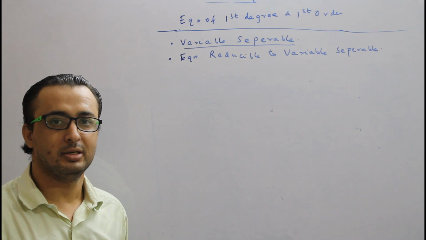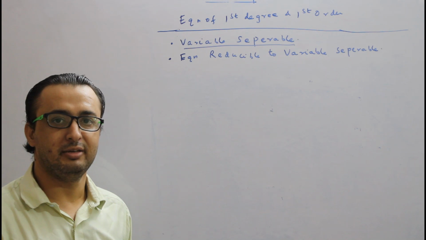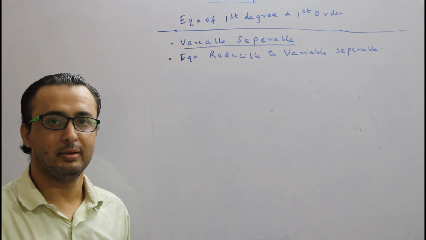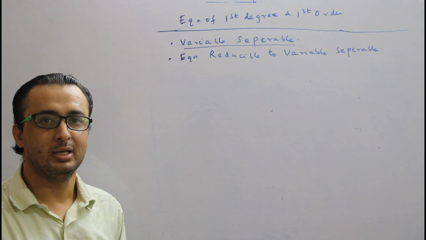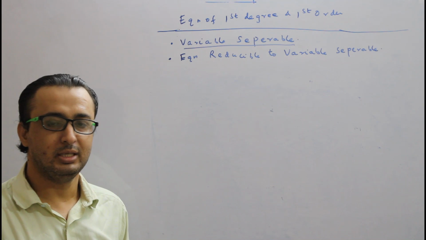First of all, we must have the idea of what is variable separable. The functions f of x and any function g of y are separable in such a format and then they are integrable.